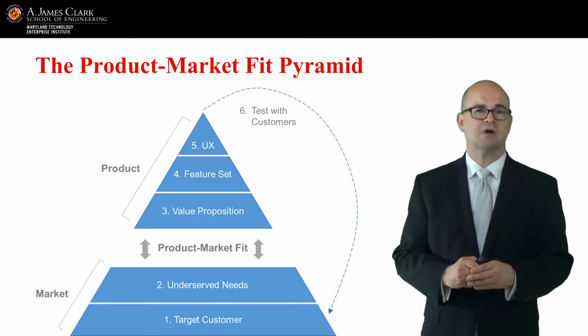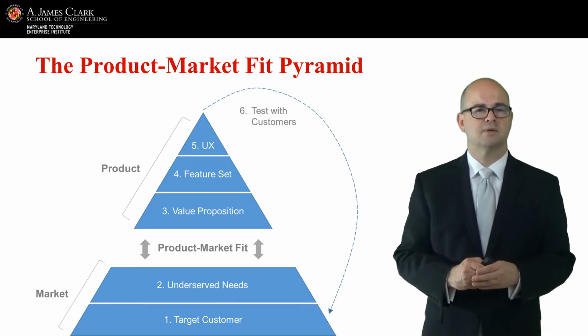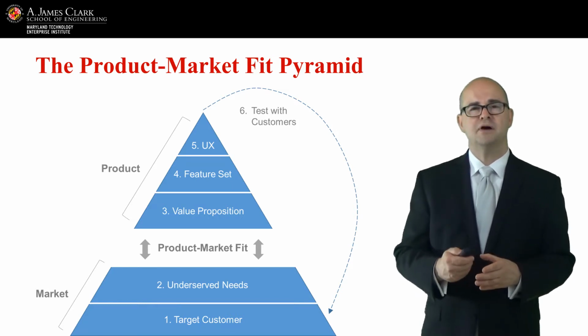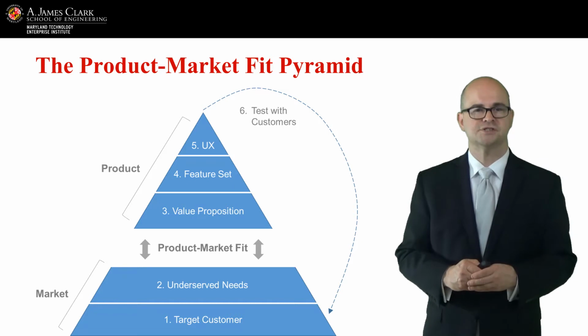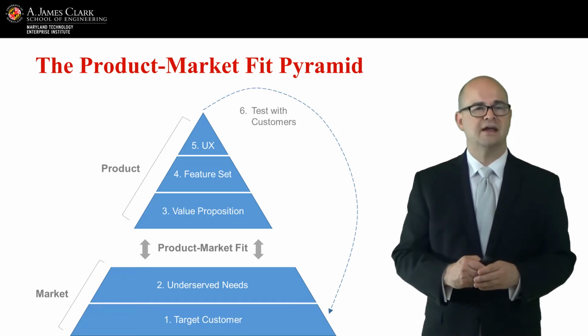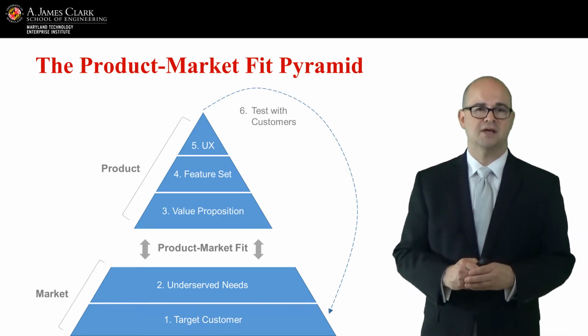Maybe you got those right, but the value propositions were not necessarily formulated perfectly the first time. Or maybe you got that right, but you're missing a couple of features. Or maybe you got the features right, but your design has some faults, some room for improvement. Or maybe a couple of those things are in play.